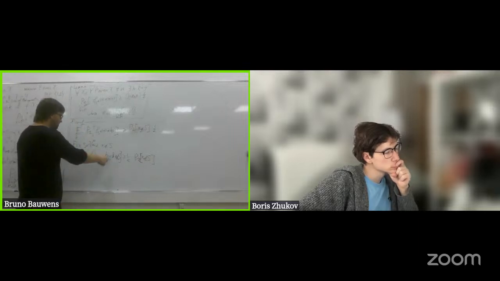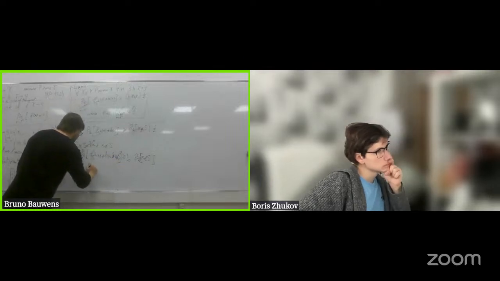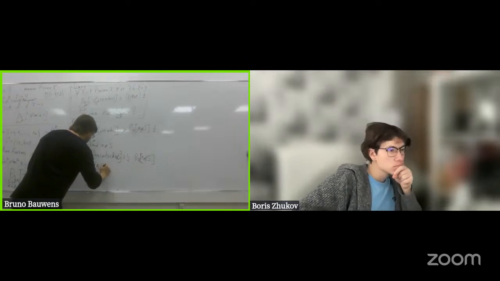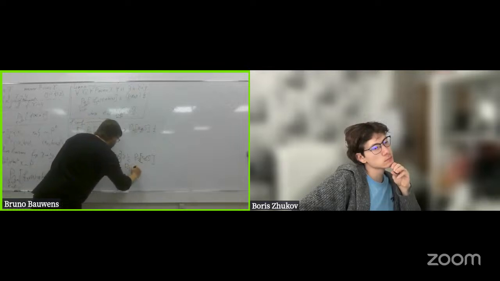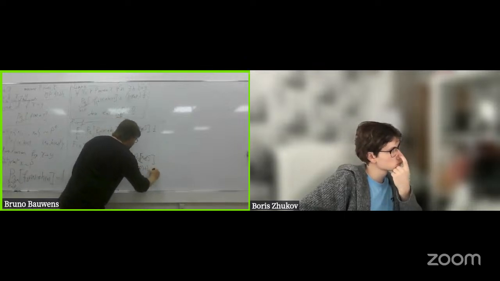It's the conditional probability: the probability of A and B is the probability of A given B times the probability of B.